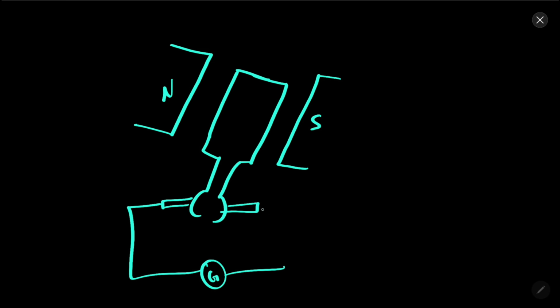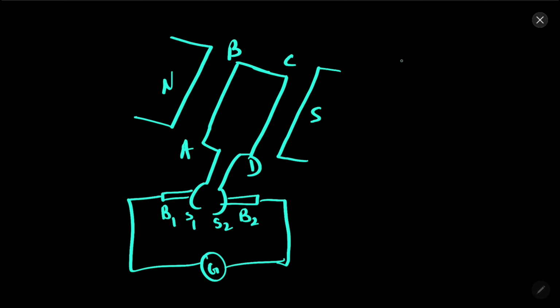And let's say a galvanometer is there. Once you do this, B1, S1, S2, B2, AB, CD. You will see that in one cycle AB will be in contact with S1. This will always be in contact, and initially it will be in contact with B1. CD will be in contact with S2 always, and initially S2 will be in contact with B2.